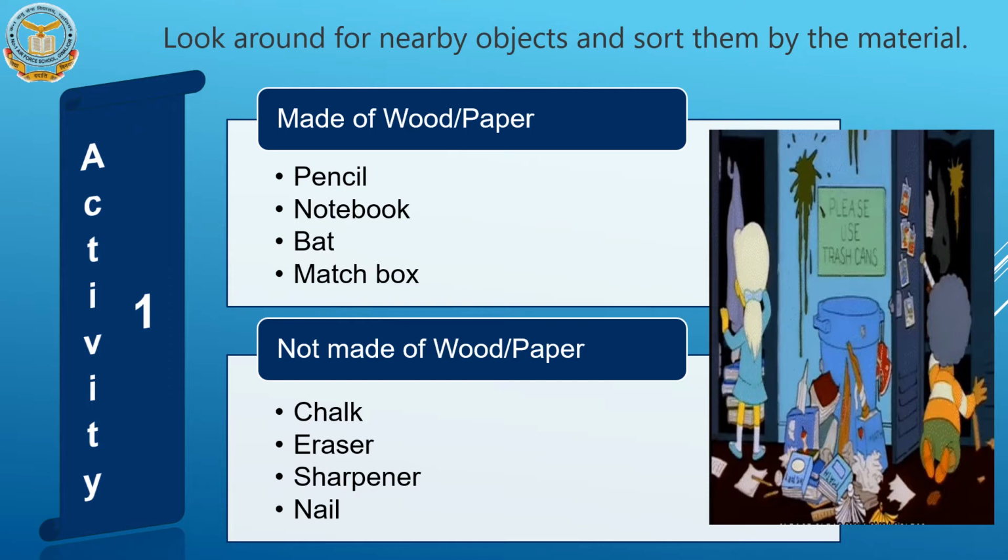One group has the objects that are made from paper or wood. This group includes objects like pencil, notebook, bat, matchbox, etc. While the other group has the objects that are not made of paper or wood. This group includes objects like chalk, eraser, sharpener, nail, etc.